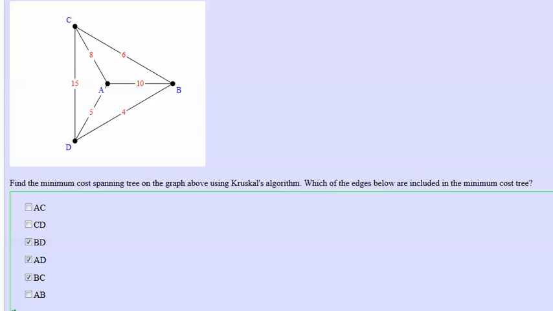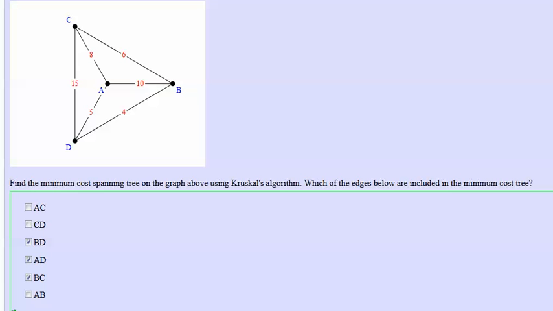What's the next cheapest edge? That's AD. That does not close the circuit, so it's okay to choose that. So AD would also be included in it. The next cheapest edge is BC, which is 6.